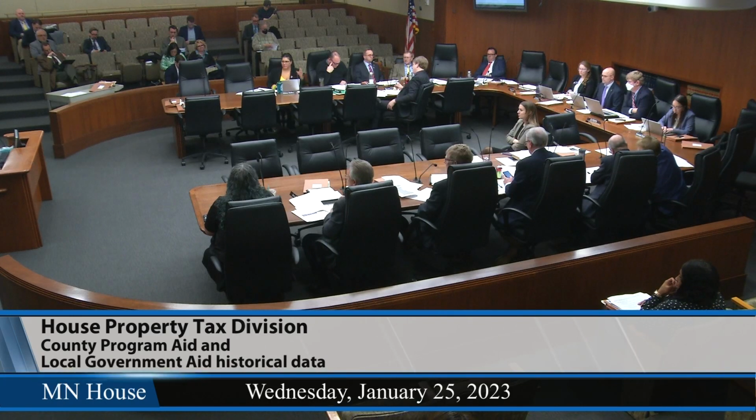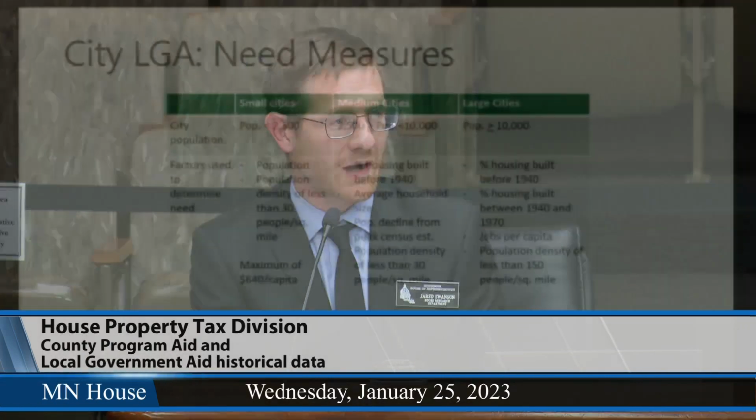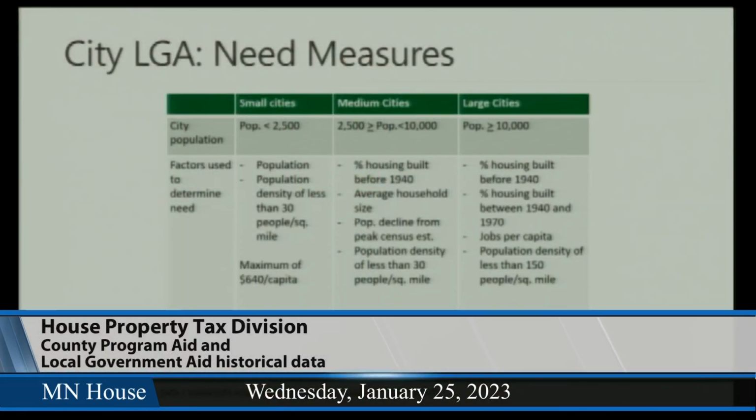Mr. Swanson. Mr. Chair and Representative Hollins, I'll mention a couple of things on this. You can maybe imagine a couple of cities where the population is the same, but one has a different population density. I know this is not the exact factor that you mentioned, but I'll start here.